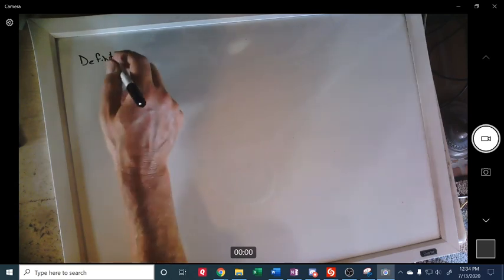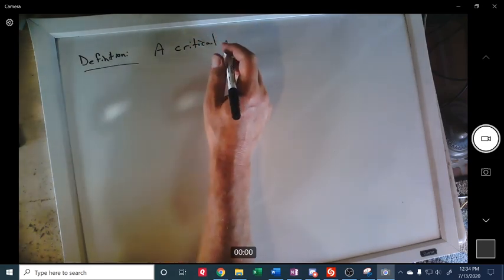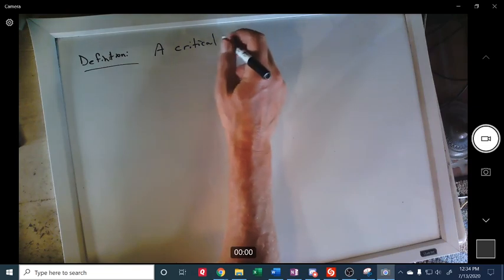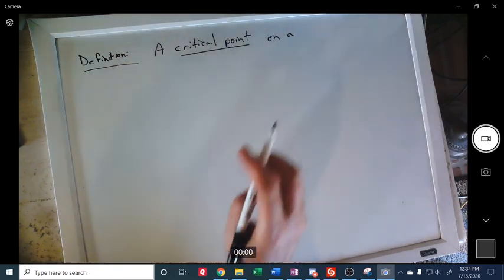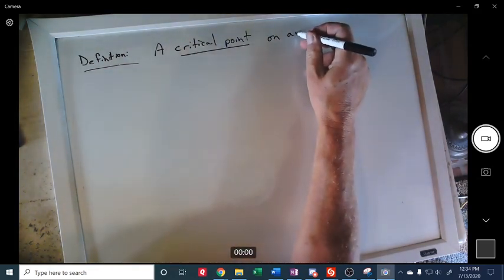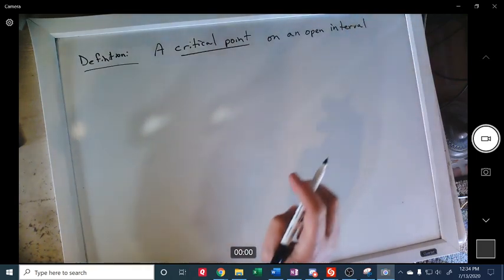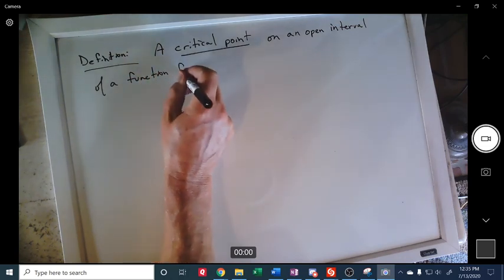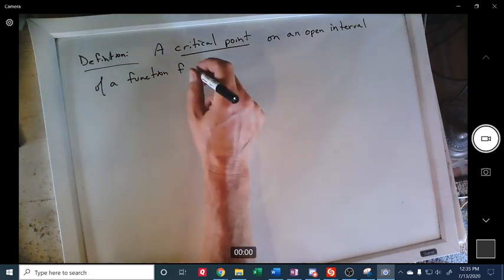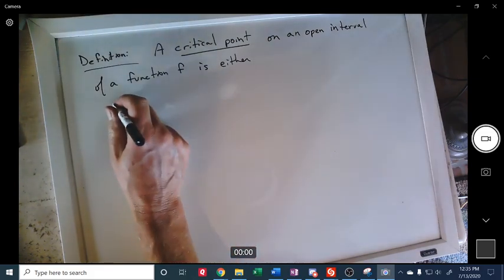Definition. A critical point on, now notice how important this is, on an open interval of a function f is either one of two cases.